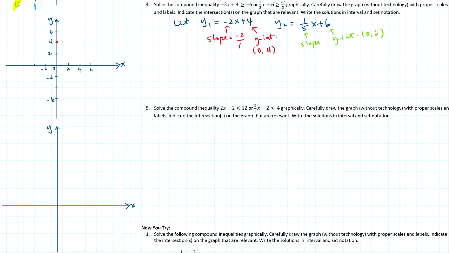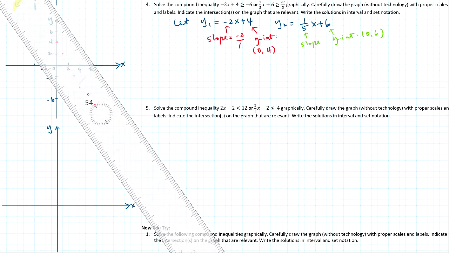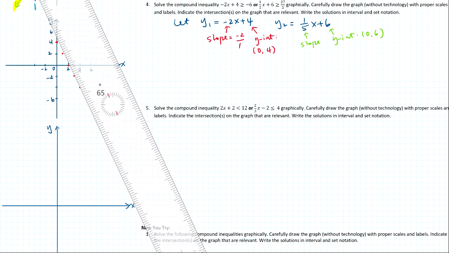The slope is negative 2, which means every time I go down by 2, I go to the right by 1 unit. So go down by 2, go over by 1, and we can keep doing this until we have enough points to connect them nicely in a linear pattern, because we have a linear equation.